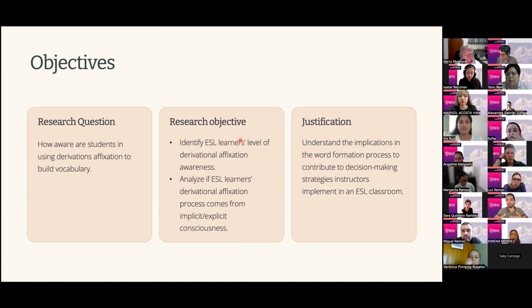But the other way around, they don't know the rule explicitly, but they know the rules implicitly. They know how to use it, but they don't know how to explain it. So I wanted to look for that too. Now, what is the justification? It's to contribute to decision-making strategies so teachers can use them in class to make improvements if needed.